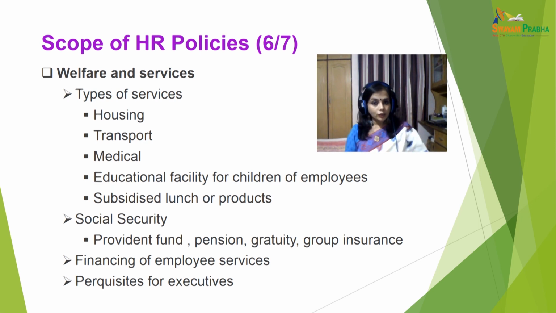Then the social security measures which the organization will have, whether provident fund, pension, gratuity, group insurance, all these will also be mentioned in the welfare and service policy. Then financing of employee services and to what extent they will be financed. And finally the perquisites for executives, how much will be paid by the organization, what perquisites will be given, and how it will be taxed.